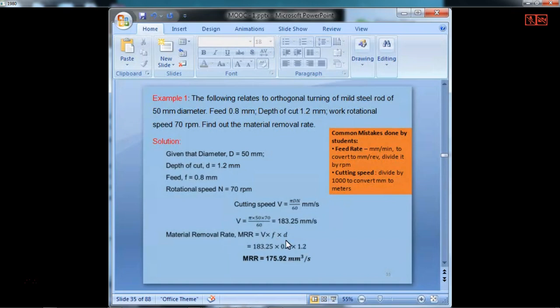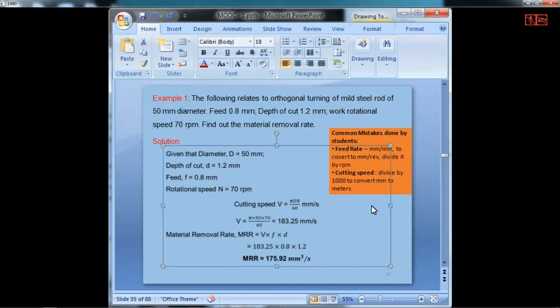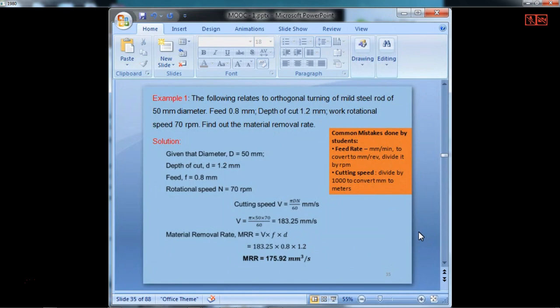Thus when you multiply cutting velocity, the feed and the depth of cut, you are going to get 175. Though this is a simple problem, we spent enough time on it so that you will not make a mistake in the cutting speed.